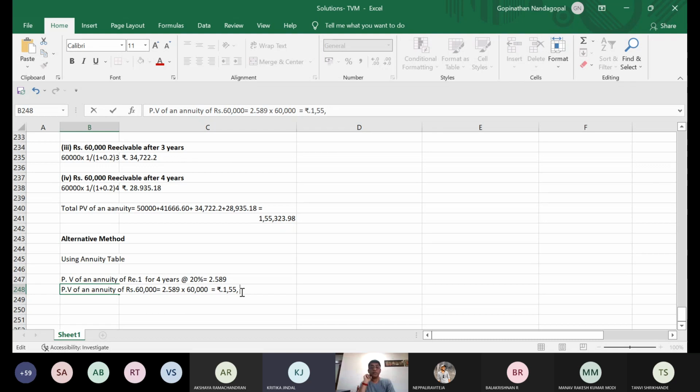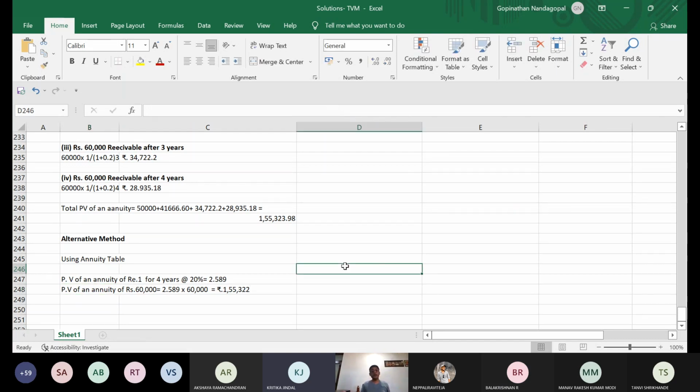Then 2.5887 comes to 1,55,322, so round off this. That is clear? So I taught you the alternative method and this method, whichever you want, you do. Choice is yours. Got it? Yes, sir.